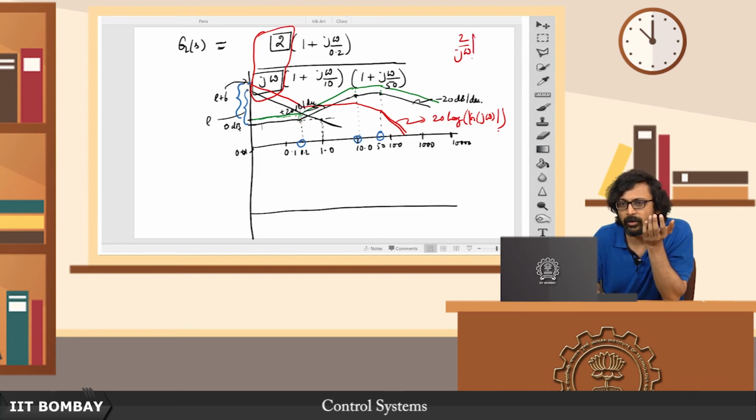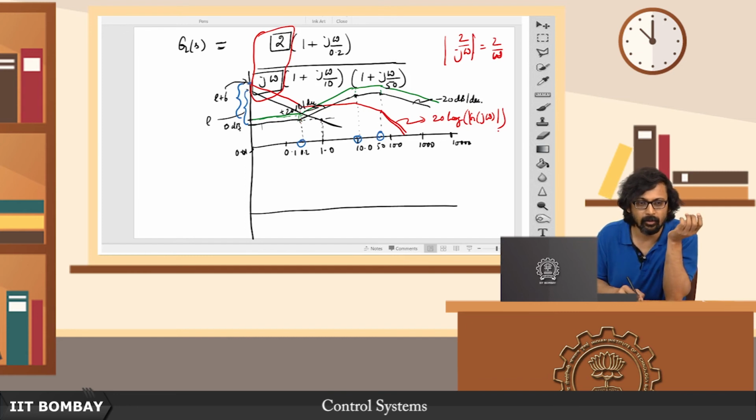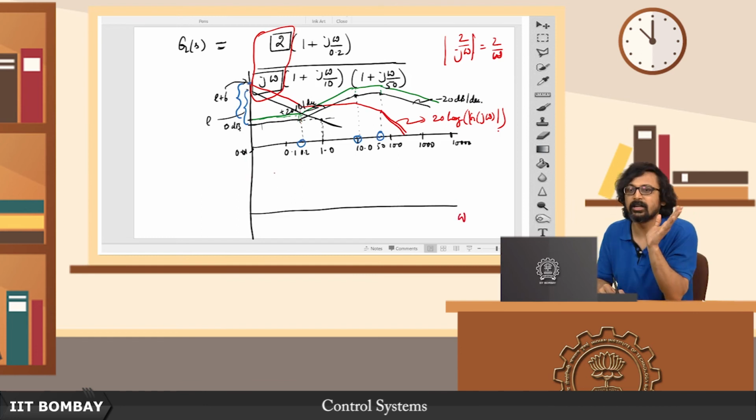The magnitude of this is going to be 2 by ω. So at ω equal to 1, instead of the original integrator which had a value of 0 dB, this will now have a value of 6 dB. Therefore, let me give you a really quick shortcut. This is not the phase plot; let me redraw the same thing again. So here is the trick that we have now learned.